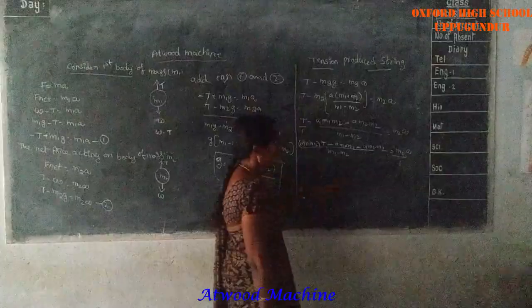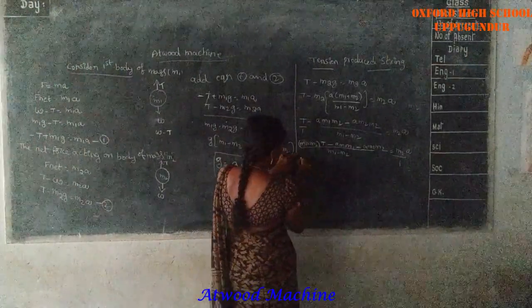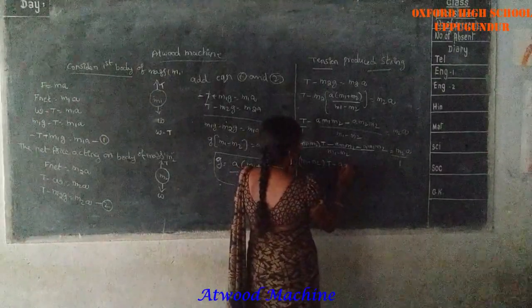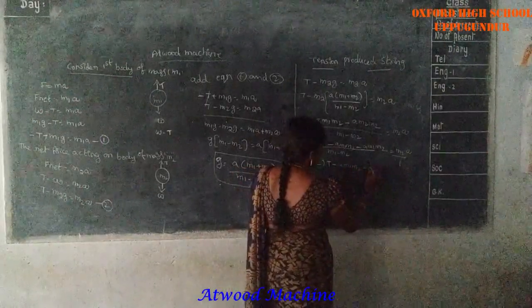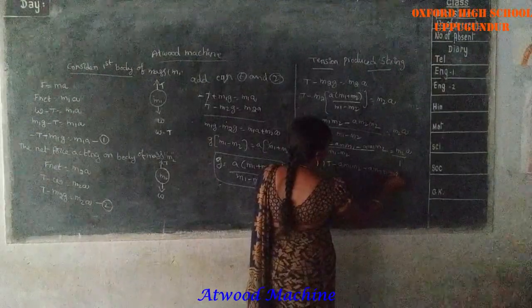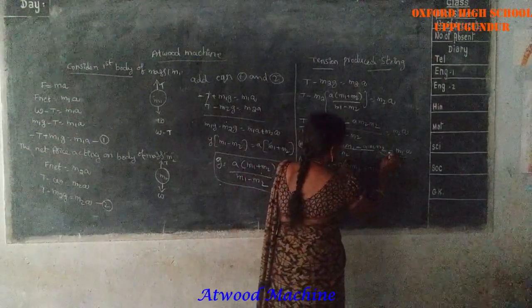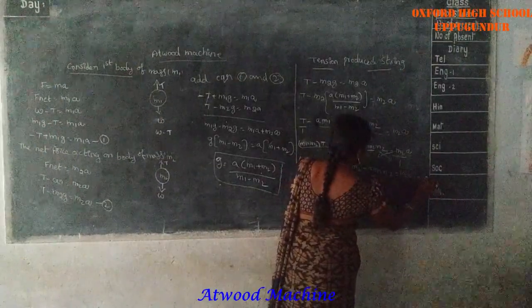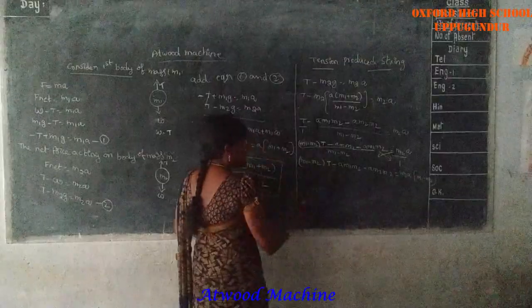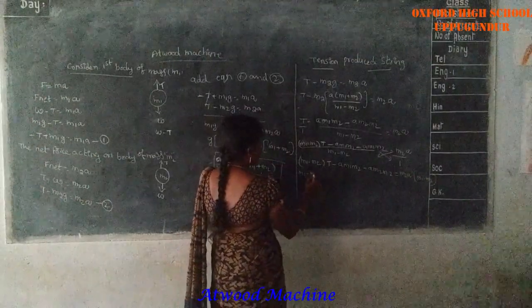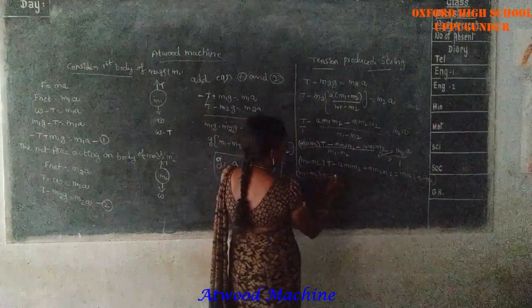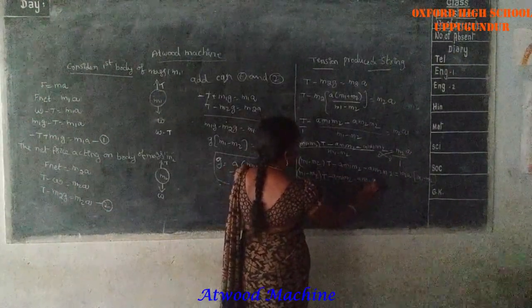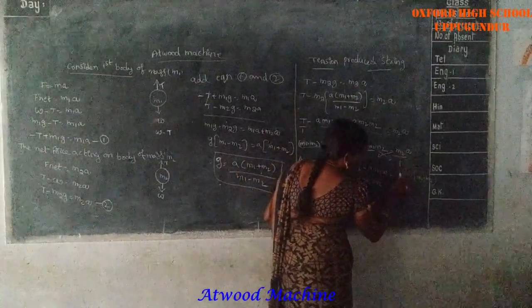Apply cross multiplication on both sides. This should be written as (M1 minus M2) into T minus A M1 M2 minus A M2 M2 is equal to M2 into A into (M1 minus M2).